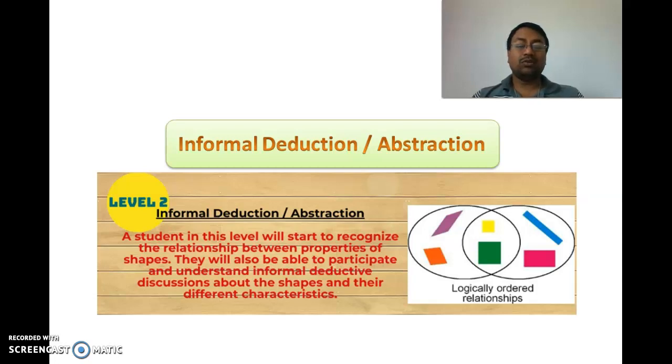They are also able to participate in and understand informal deduction about shapes and their different characteristics. That means from two groups of objects, they can point out which two objects fall in the same category. This way, they can analyze the properties of different geometrical shapes.